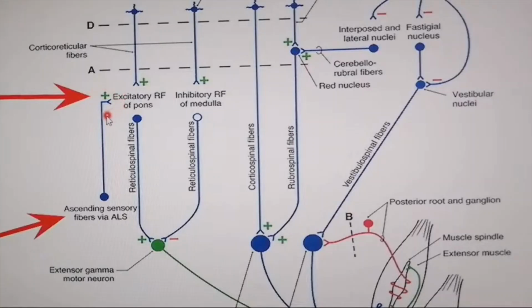So this excitatory fiber is given to the excitatory pons center of the reticular formation. Sort of gives it a wake up call. I'll give you an example. You will understand what is going on.